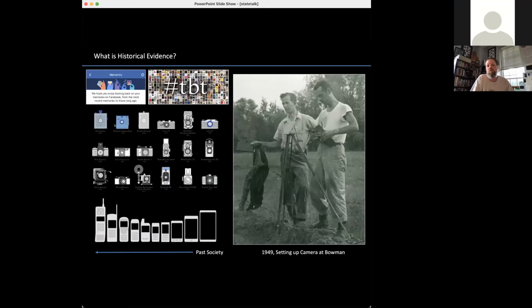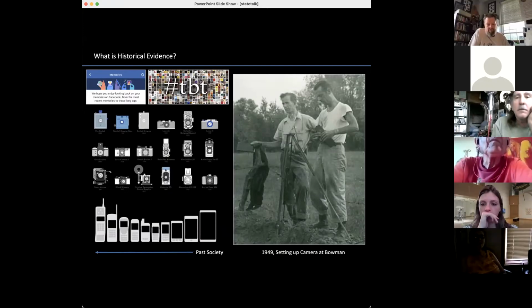What is historical evidence? Let's move a little bit closer in time and consider the process of image making. Is a picture taken 70 years ago considered historical evidence of a past society? It certainly is if we frame this around technology.